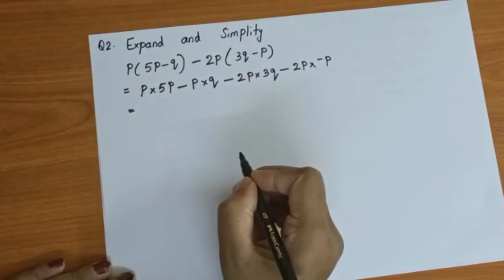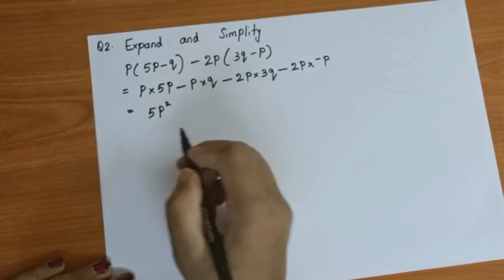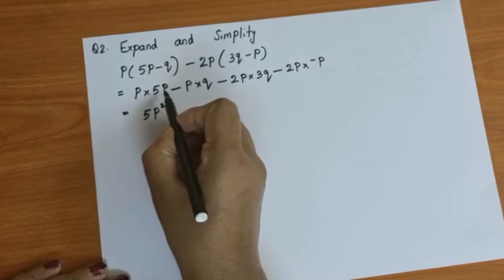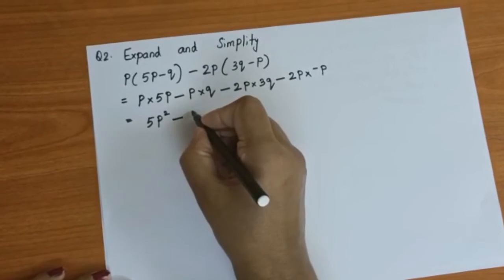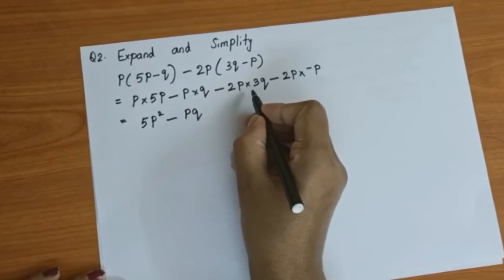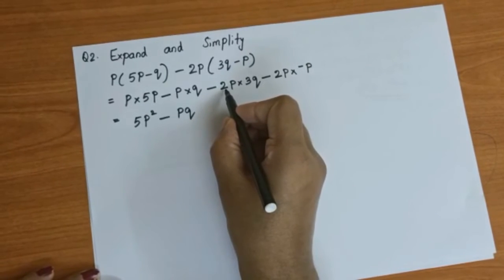Then p into 5p is 5p square. Here we are getting p square because p multiply p is p square. Minus p into q is pq, minus 2p into 3q. For multiplying, first of all we have to multiply the integers.